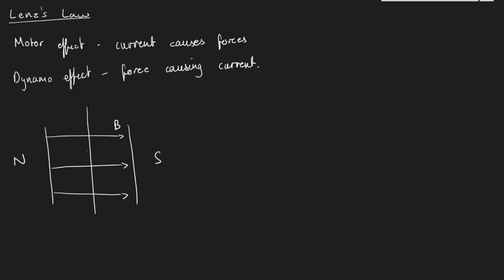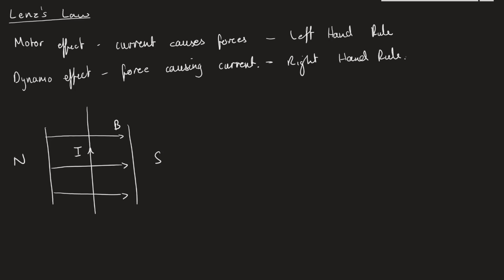Let me put B here, and let's say it has a current I that's traveling upwards. Okay, now this is going to produce a motor effect. Now the motor effect, we said, was the left-hand rule. Okay, so we had the left-hand rule, and the dynamo effect was the right-hand rule.